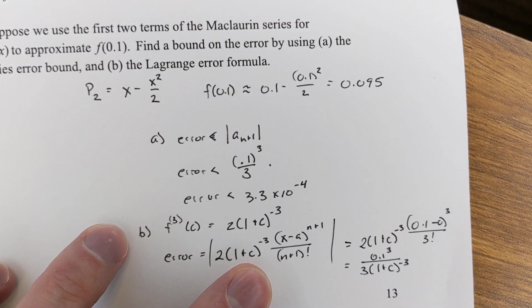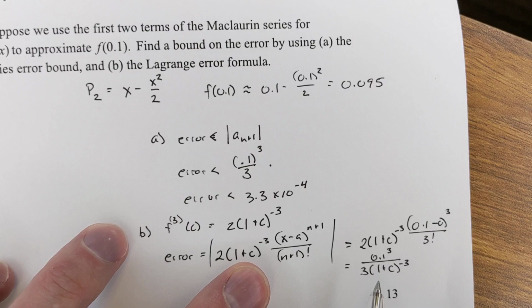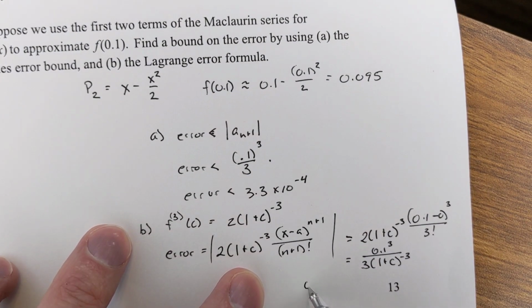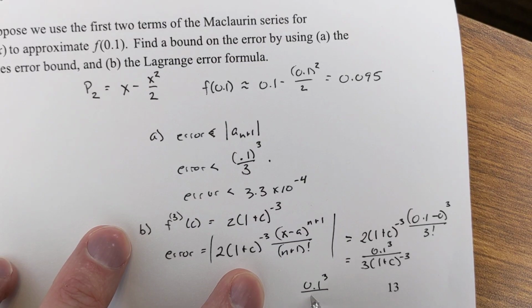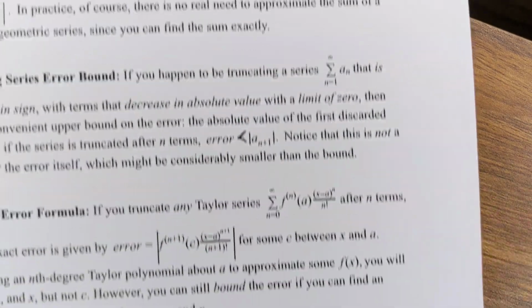Since c has to be between a and x, between 0 and 0.1, and the denominator is greater than 3, the error comes to 0.1 cubed over 3, which once again is the same thing we got before, 3.3 times 10 to the negative 4th. Fun stuff.